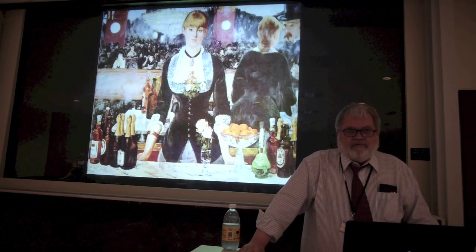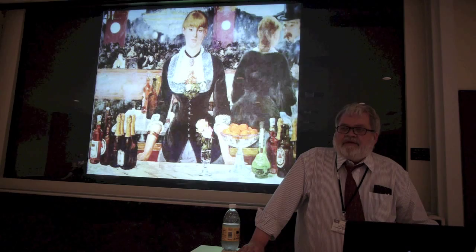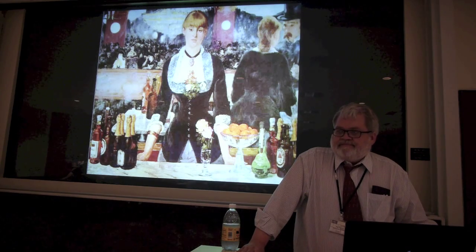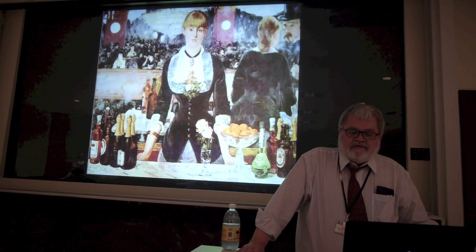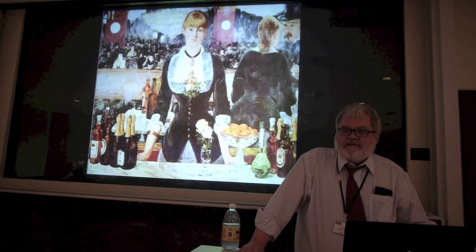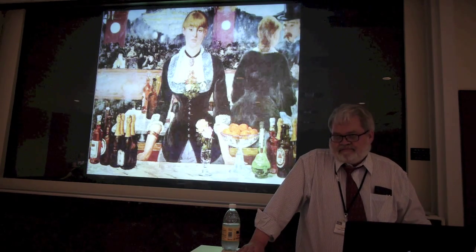If you read the social columns of the day, a good place to pick up ladies of the evening was barmaids who worked at the various clubs at the time. So there is all that indictment too, which is further emphasized by the fact that she has a big flower bouquet at her breast, which is symbolic of that as well.